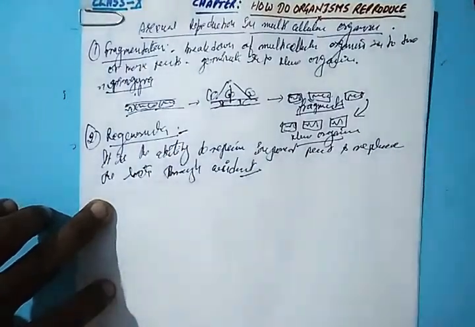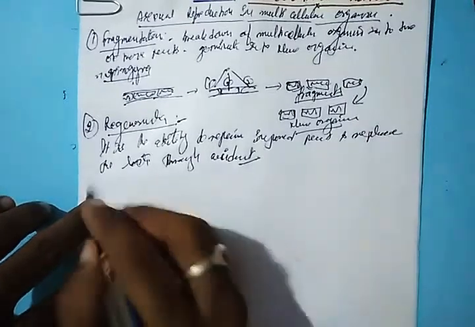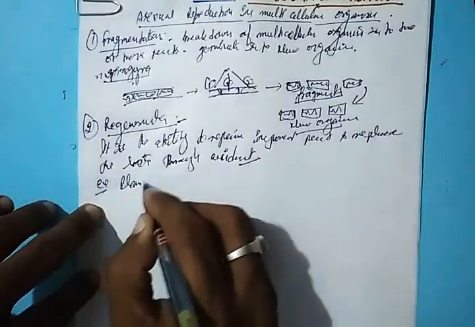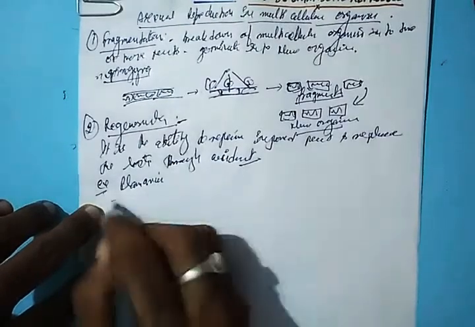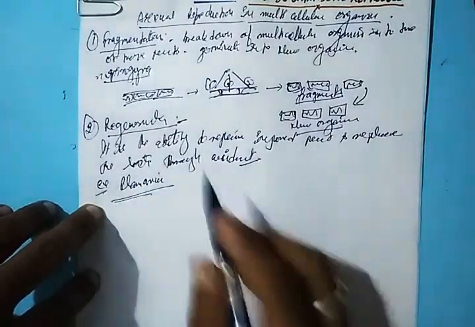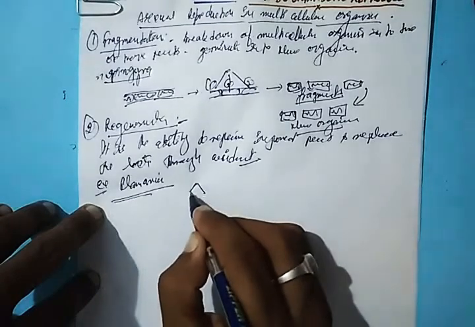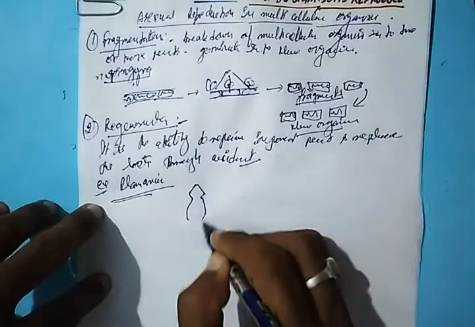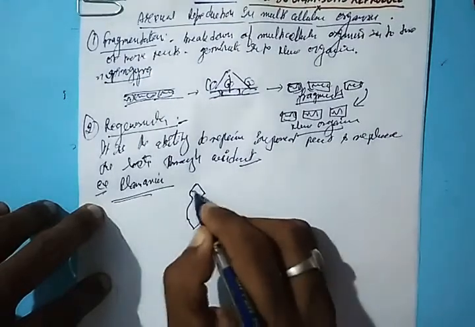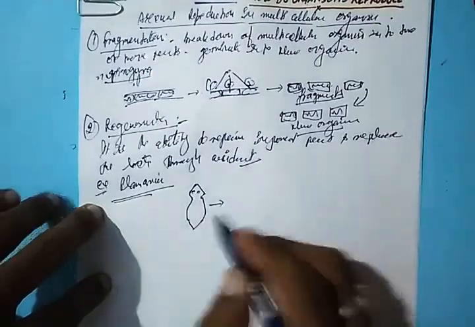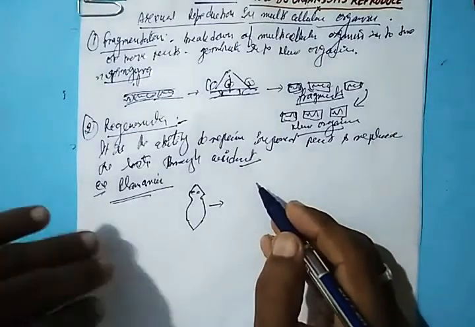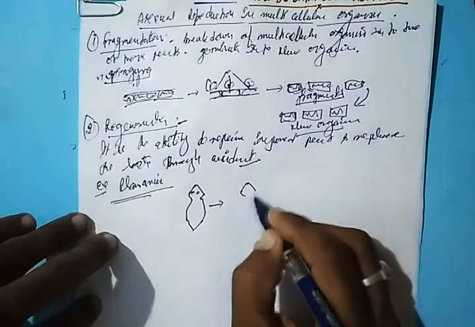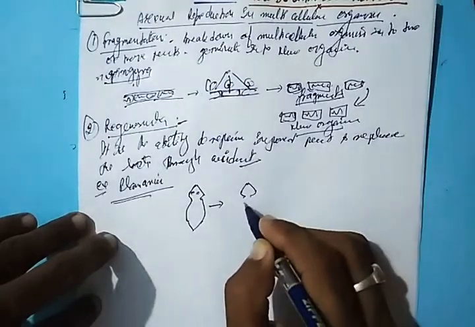The best example of regeneration you can see in planaria. The structure of planaria is just like this. Suppose a planaria accidentally divides or splits into more parts.